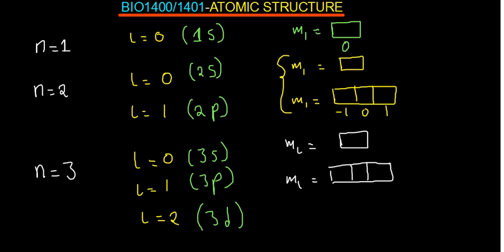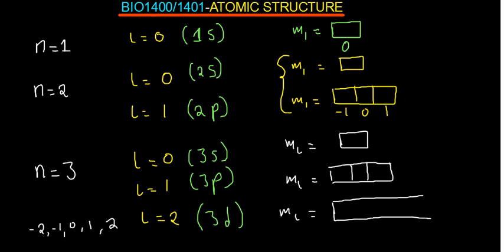Now, what of when L is 2? So when L is 2, ML is going to be from negative 2 to positive 2. So that's negative 2, negative 1, 0, positive 1, and positive 2. How many are these numbers? There are 5. Meaning that a d orbital has got 5 suborbitals.